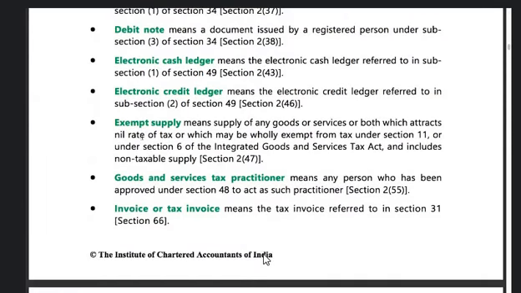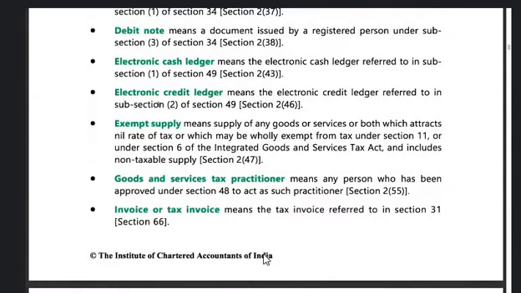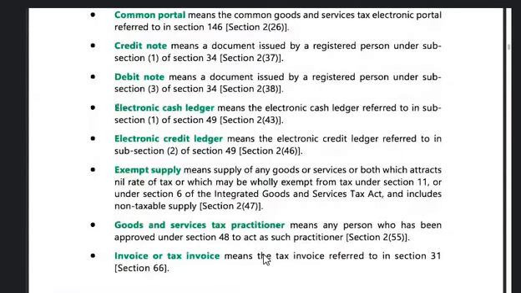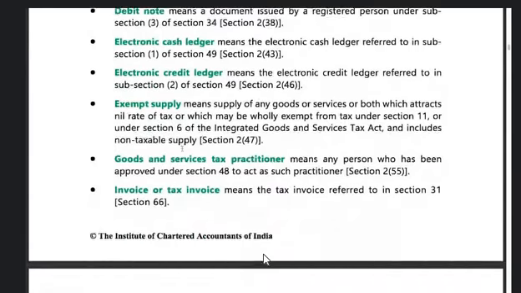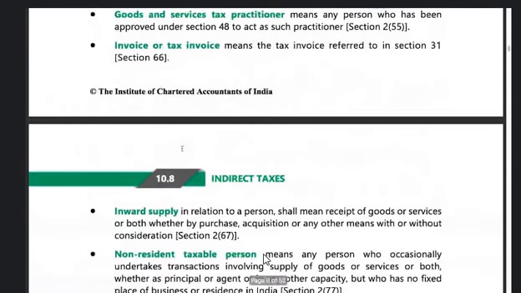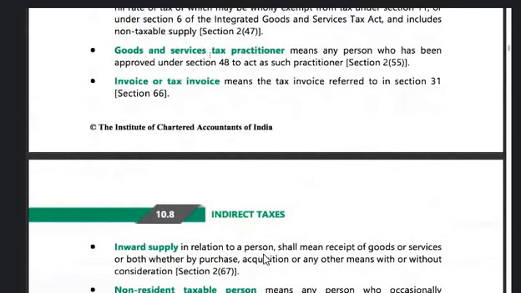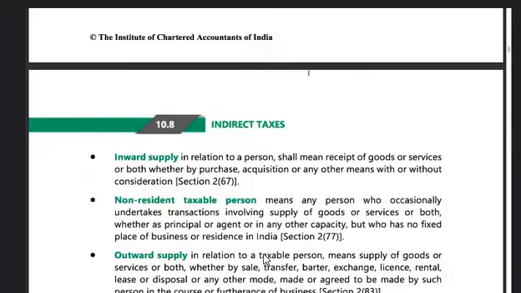Exempt supply, the definition we have already seen in detail. Electronic cash ledger and electronic credit ledger we will see in further parts. Then goods and services tax practitioner means any person who has been approved under section 48 to act as such practitioner.